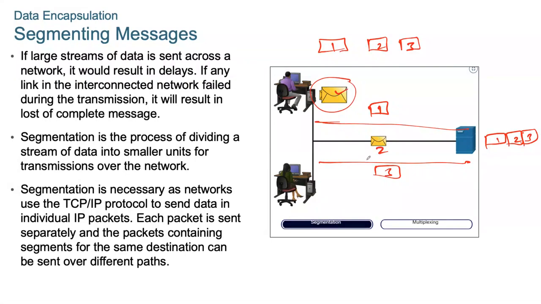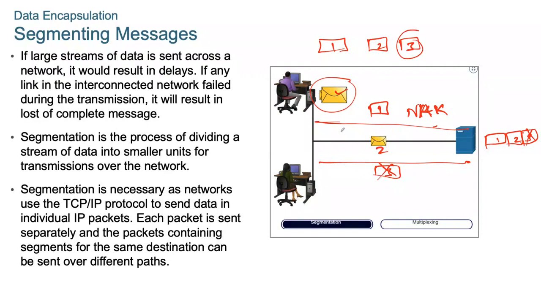So what is the advantage that we are saying? During this transmission, let us assume that a piece is lost and not received by the server, I mean the destination side. Then for this piece there is no acknowledgement, or a negative acknowledgement is sent back to the sender, so that only that piece will be resent.